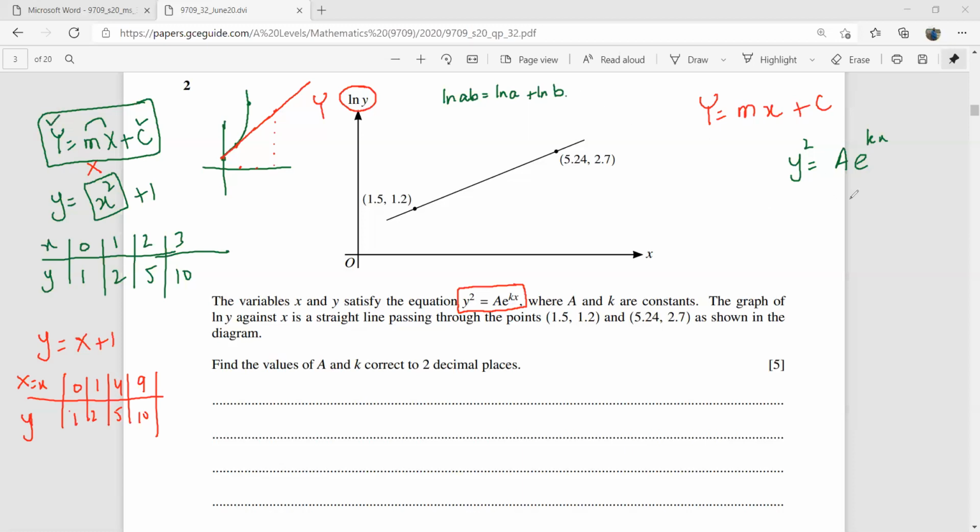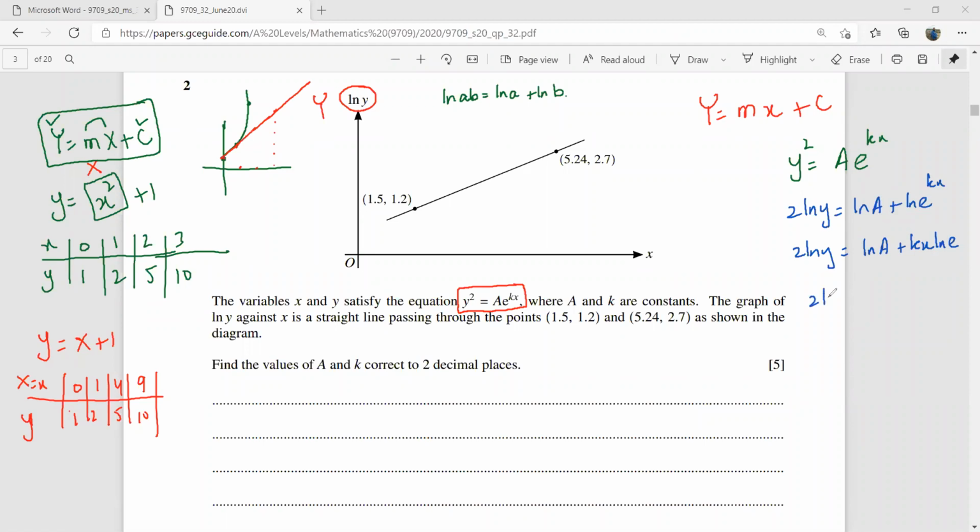Okay, so if I apply ln on both sides, what do I get here? This would be 2 ln y is equal to ln A plus ln e raised to power kx. So this becomes 2 ln y is ln A, and then this is kx ln e. And you know that ln e is 1.